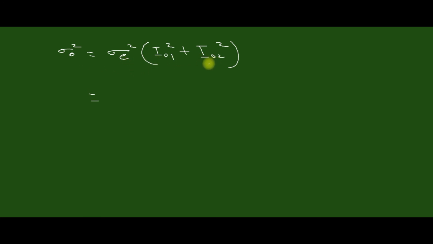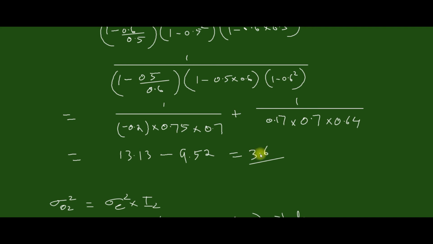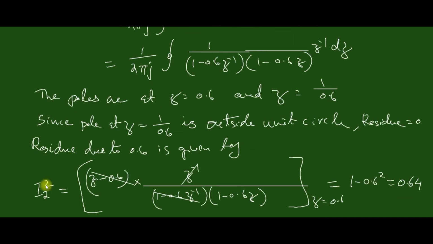Finally we can substitute for sigma naught square, which is given by sigma e square into I naught 1 square plus I naught 2 square. So sigma e square is equal to 2 raised to minus 2b divided by 12 into I1. So there is a correction. This is not sigma naught square, whereas it is I1. I1 we have computed as 3.6. This is not I2 square, it is I2. I2 we have computed as 0.64.